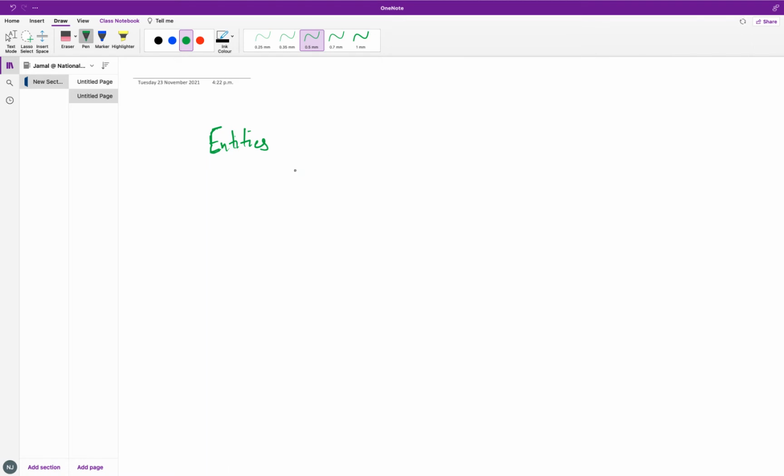For example, if I am going to make some web application for some university, for example, for NUIG, what are the important entities that the university wants to store information about?